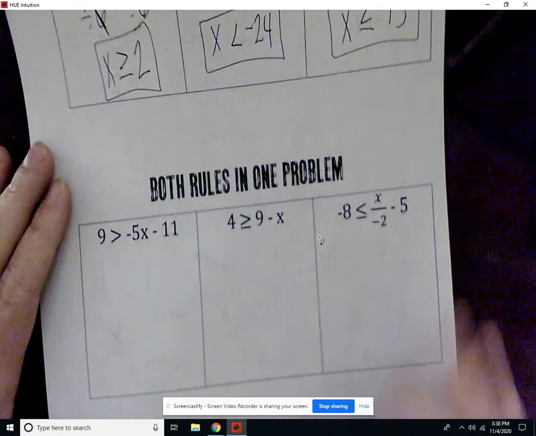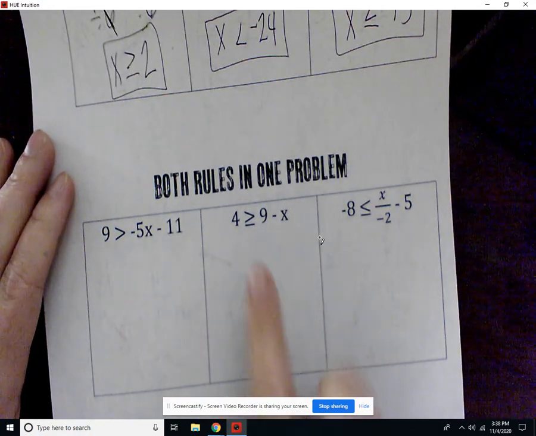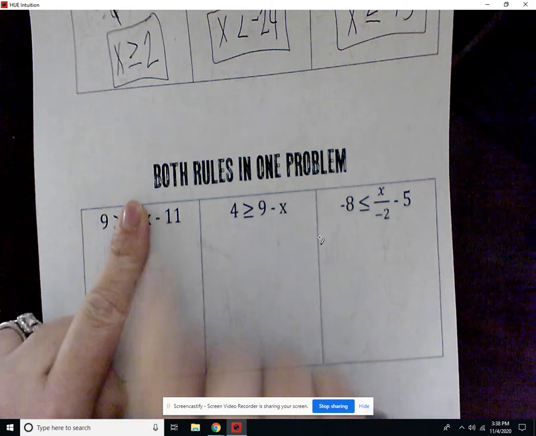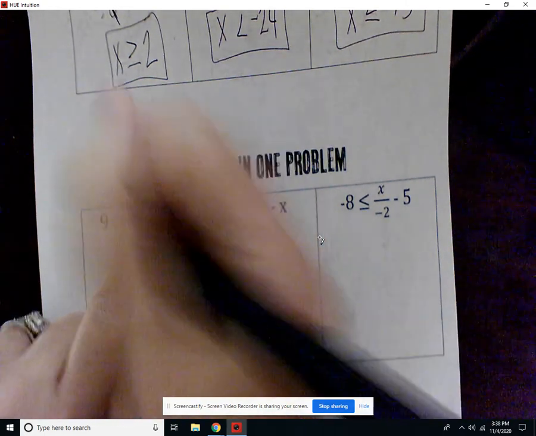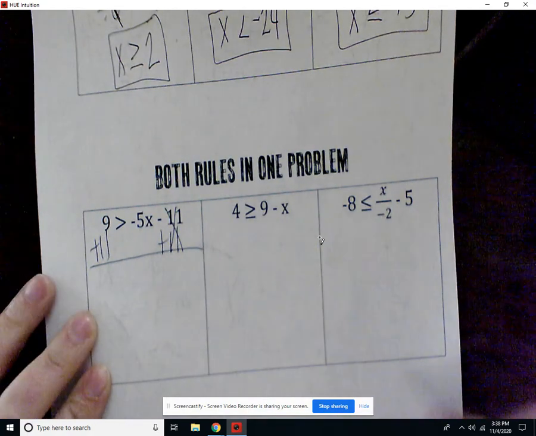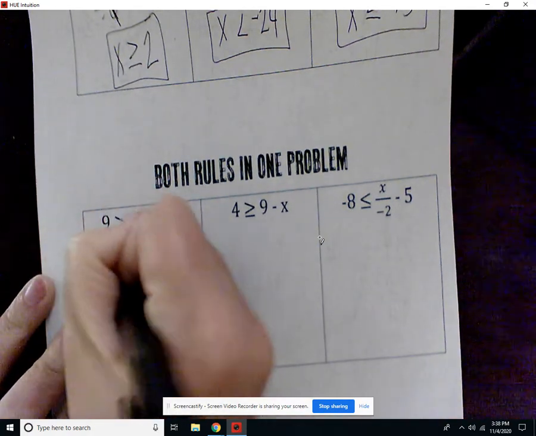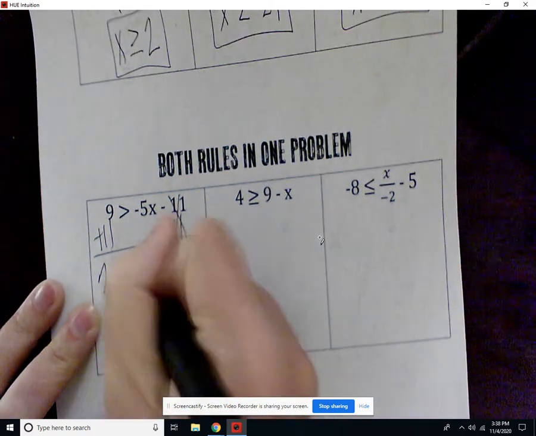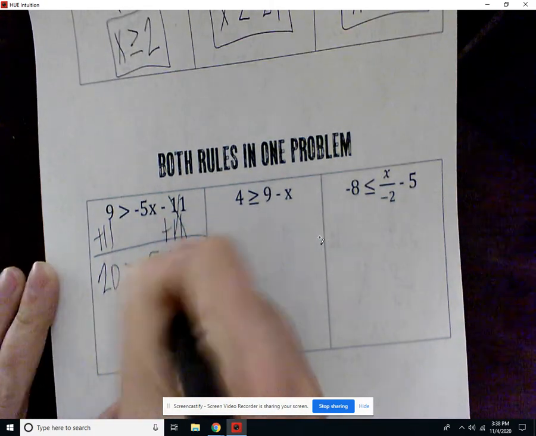Okay, so both rules means we're going to have to flip our arrow and x is on the left. So again, solve it like normal. We're the opposite of minus 11, which is plus 11. Those will cancel. 9 plus 11 is 20. Bring down a negative 5x. Divide by negative 5.